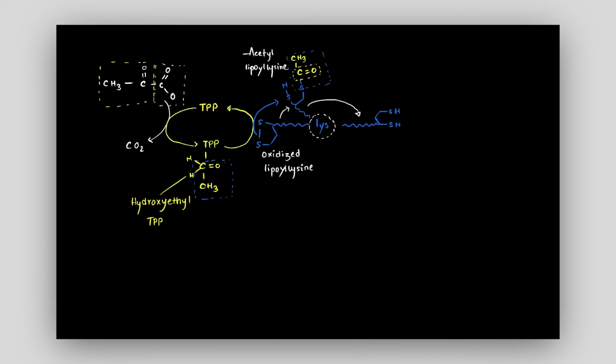So the acetyl group is getting deducted from the sulfur group. And when this is getting reduced, let me write it down. This is the reduced lipoyl lysine.